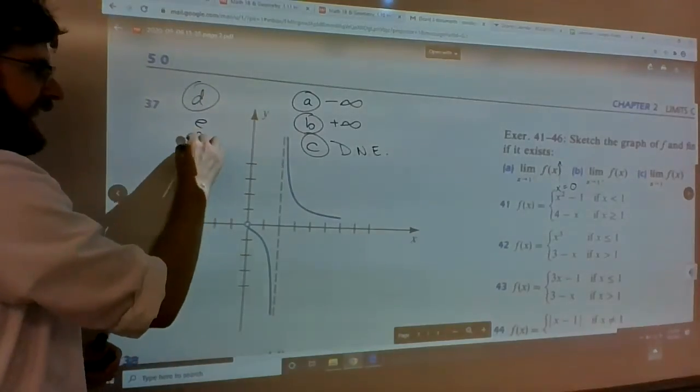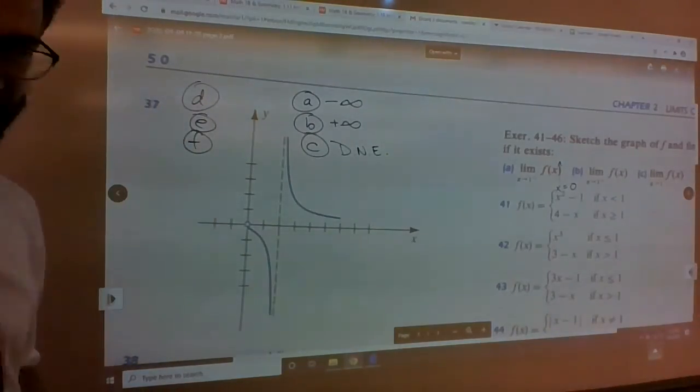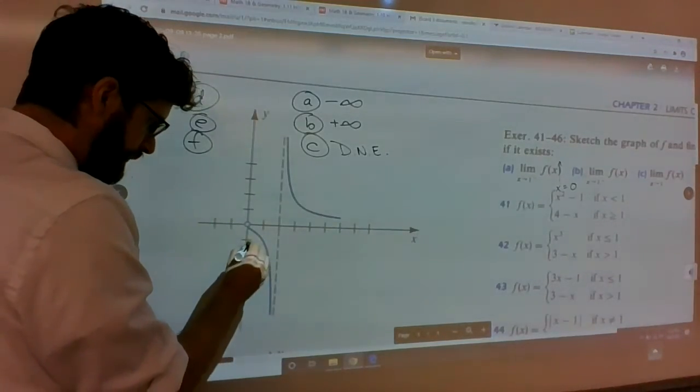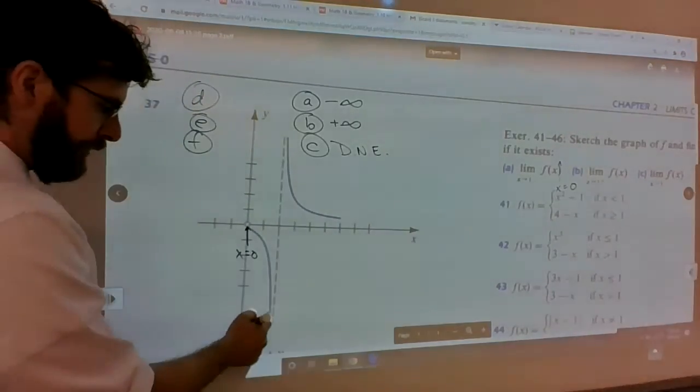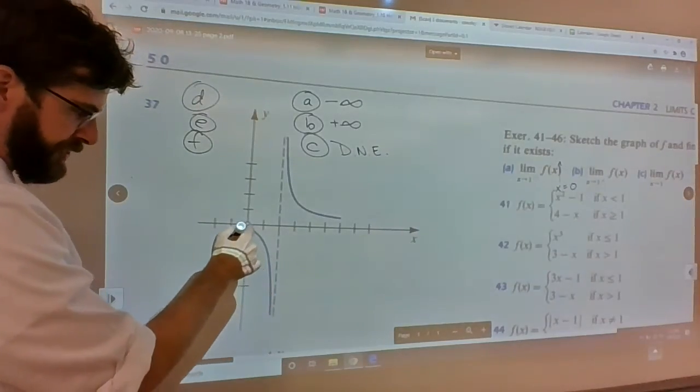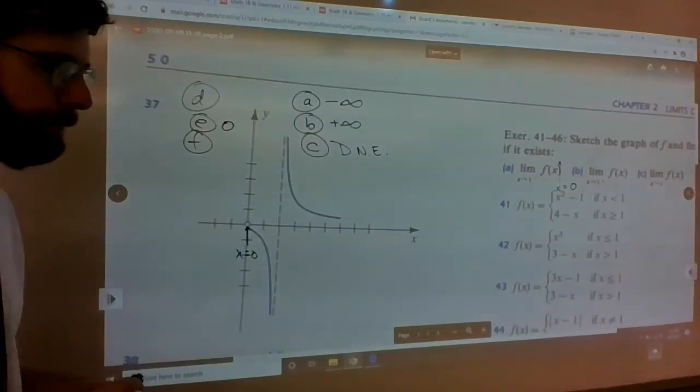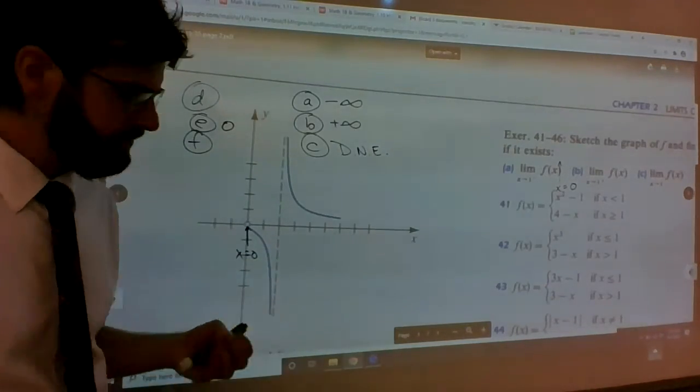D, E, and F are the ones that are checking out 0. So here's x equals 0. From the right, we know that it converges to the y value 0, and that would be the E value. But from the left, it doesn't even exist at all.